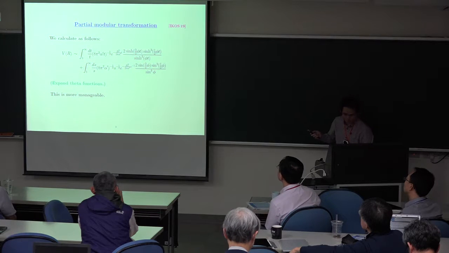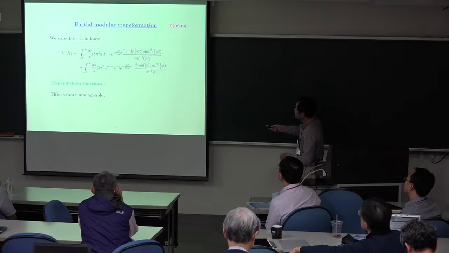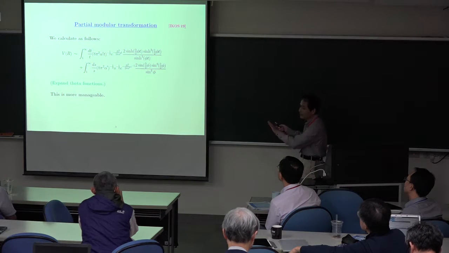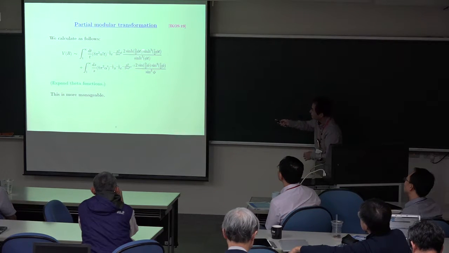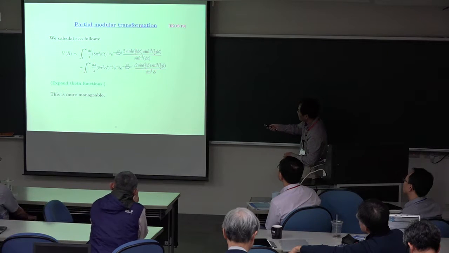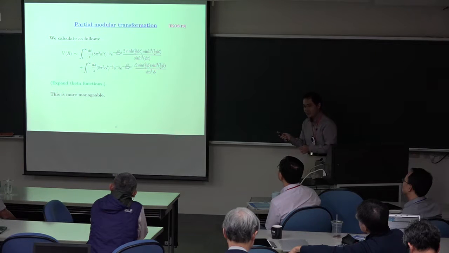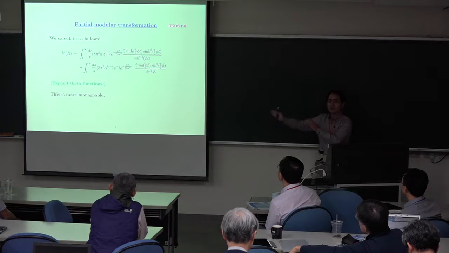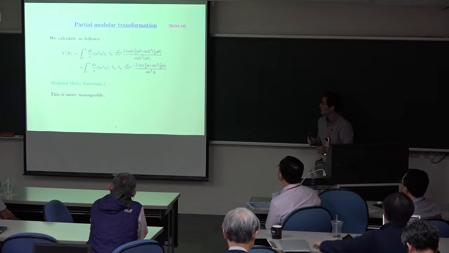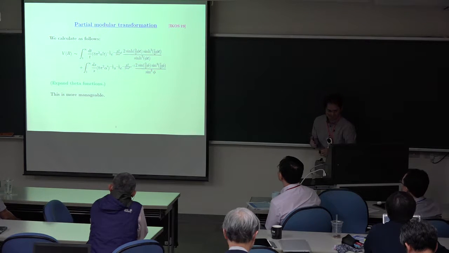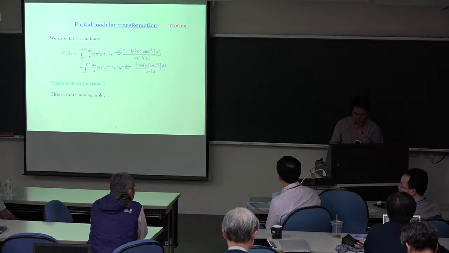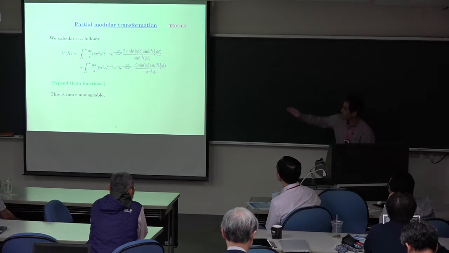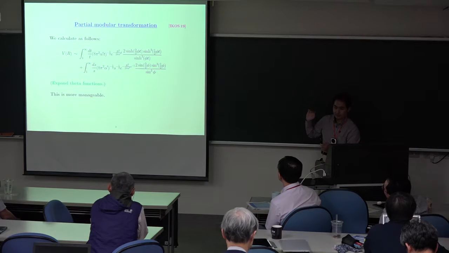Then expand the theta functions and obtain this one, retaining just the leading terms for each. Then the expression becomes much more manageable. Of course, this is approximate because we discarded all the higher order terms in the expansion. What's the expansion parameter? This is just the q expansion of the theta function.